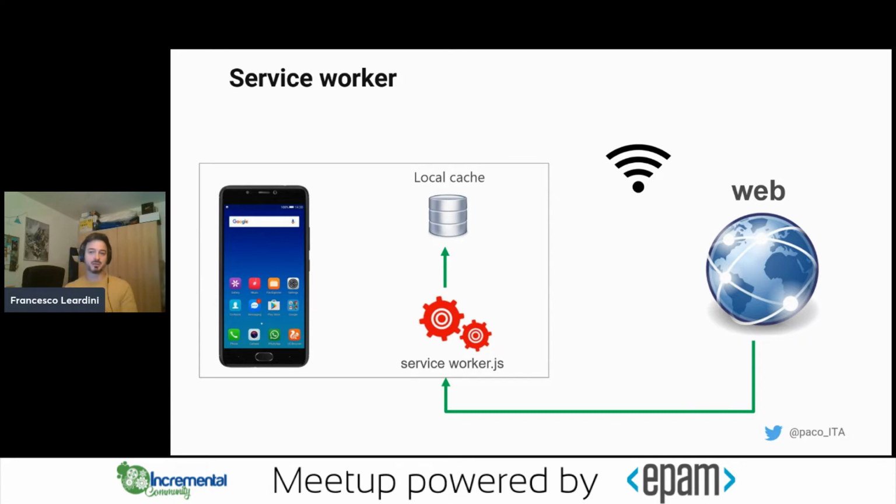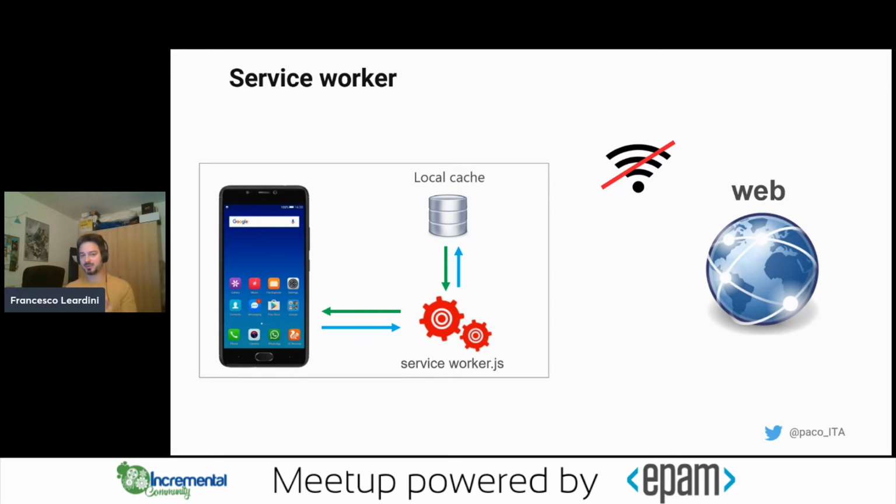From that moment on, even if we don't have an internet connection at all, the following requests will be intercepted by the service worker. And if the service worker finds that there is a match between the requested assets or the requested response in the cache, then it can deliver it from the local cache.